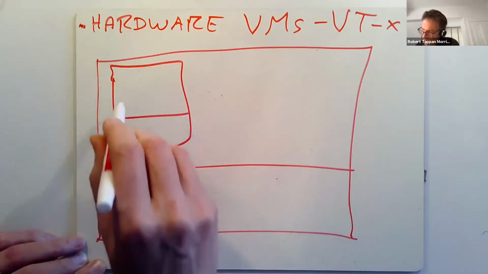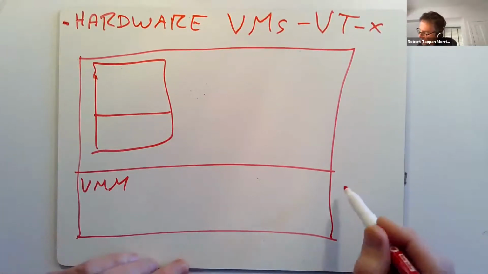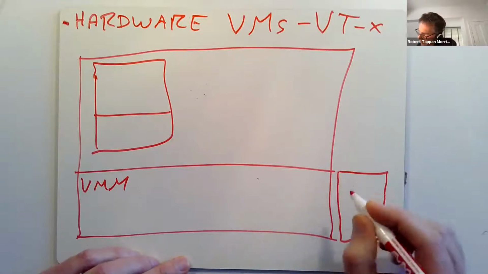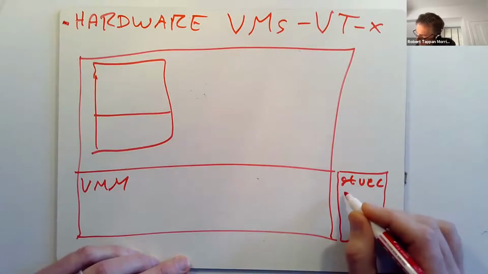And the way that works is that, again, we have a virtual machine monitor and a guest operating system and user level. And in the hardware, we have STVEC and all those hardware registers.